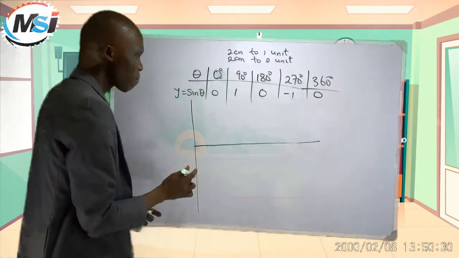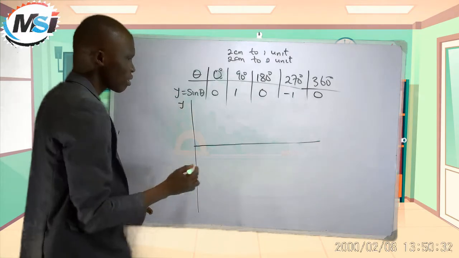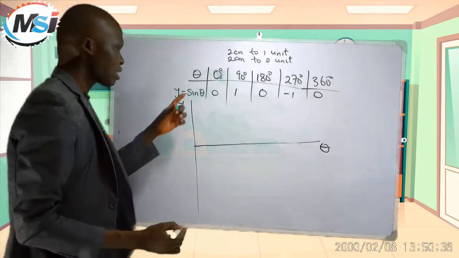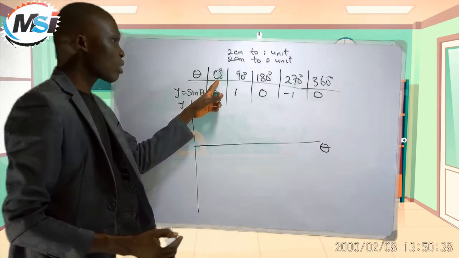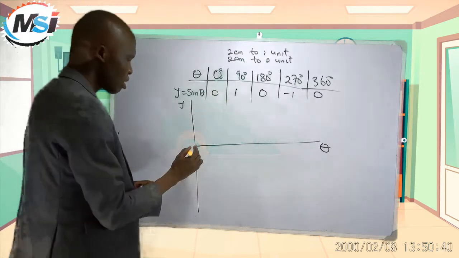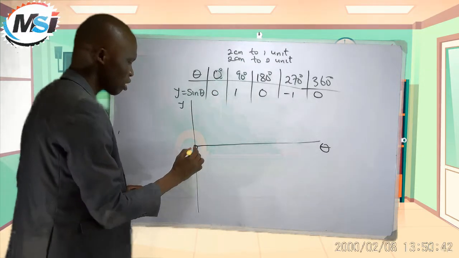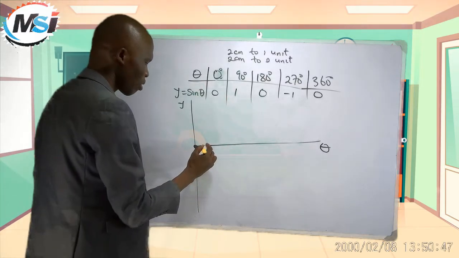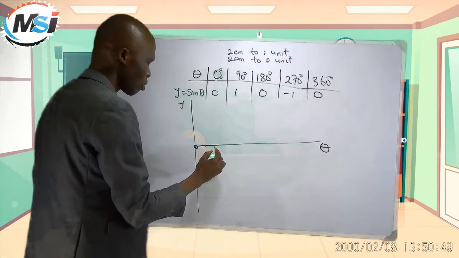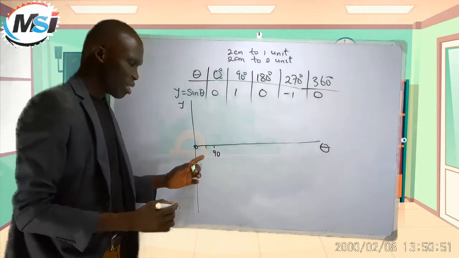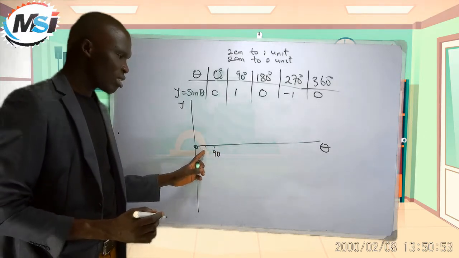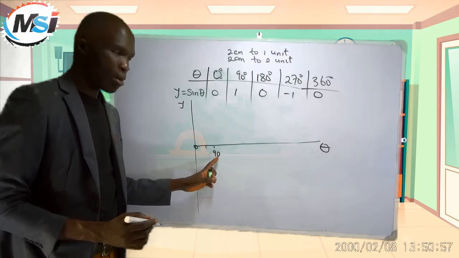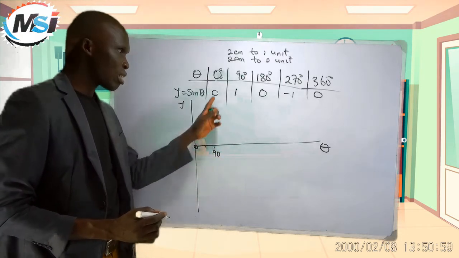Now from here, our y will be here and our theta will be here. Theta starts with 0 degrees, and this is 0 degrees. Now we have 90 degrees here, so 1, 2, 90 degrees. That is telling you that this is 2 centimeters to 90 degrees.